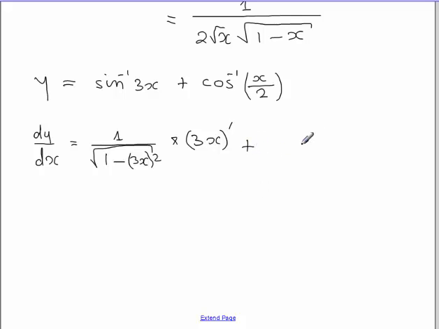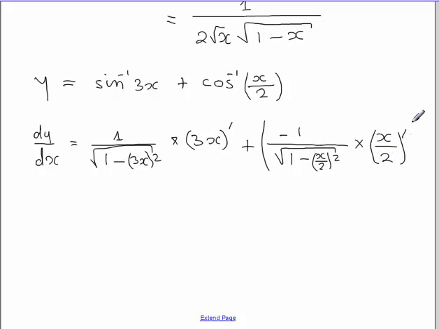Plus here, minus 1. Maybe let's put this in brackets. Minus 1 over the square root of 1 minus (x over 2) squared, multiplied by the derivative of x over 2. For fast learners, I'm doing this too slowly, but I normally teach for slow learners because I'm also a slow learner. Okay?